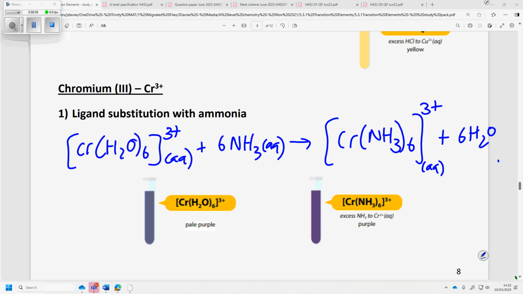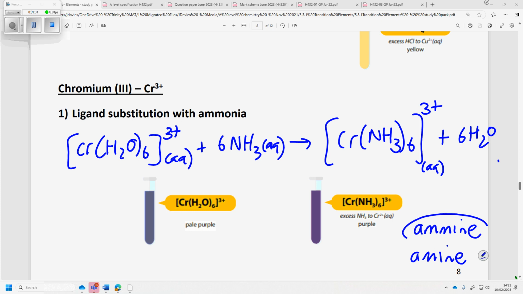Again, here are the colours for you to memorise. Pale purple, chromium hexa-aqua ion, going to a deep purple, chromium ammonia complex. If you want to name the chromium hexa-amine or amine complex, spelling this time double M for amine to differentiate between the organic functional group of amine.